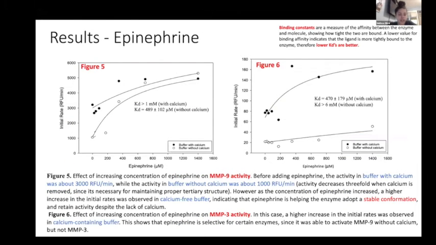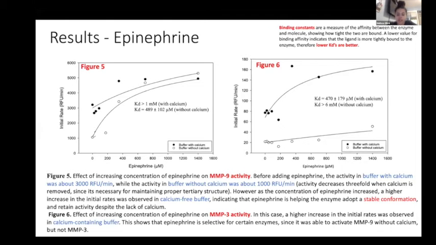So here in figure 5, we see the effect of increasing concentration of epinephrine on MMP9 activity. Before adding epinephrine, the activity in buffer with calcium was about 3,000 RFU per min, as you can see over here, while the activity in buffer without calcium was about 1,000, showing how activity decreases threefold when calcium is removed, since it's necessary for maintaining proper tertiary structure.